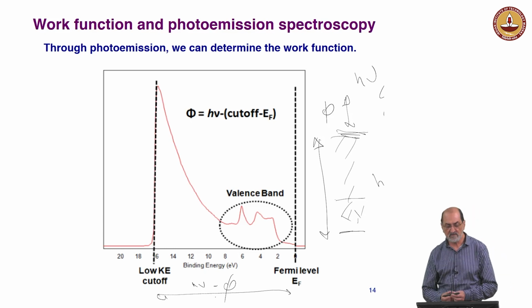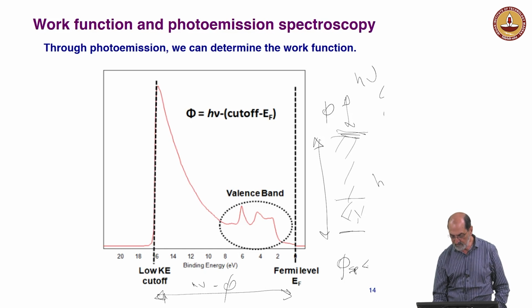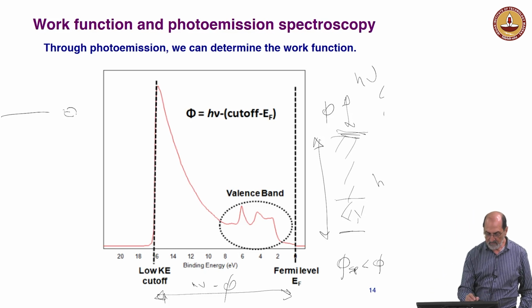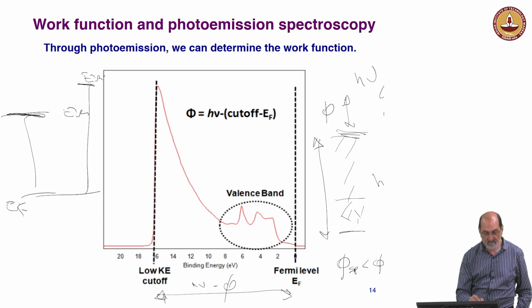I also told you that this works if the work function of the spectrometer is lower than the work function of the sample. Why is that? Because an electron can escape from the vacuum level, but this level is close to the sample, as I told you. If this electron has to go to another place, maybe there the vacuum level is at a higher level, because the Fermi level is common to everybody.